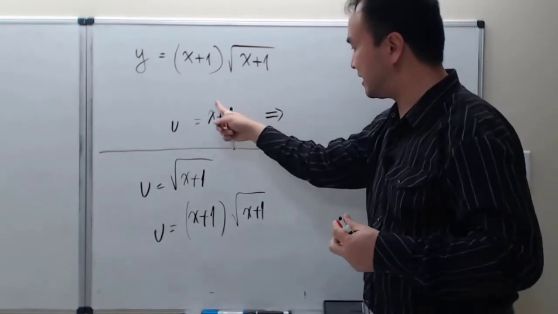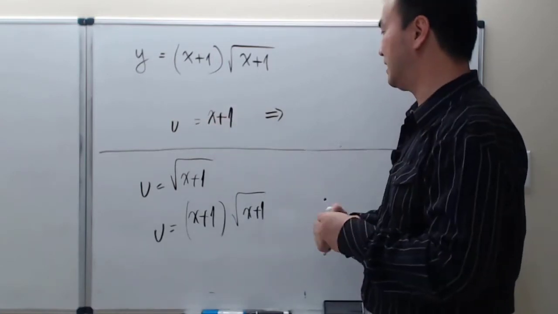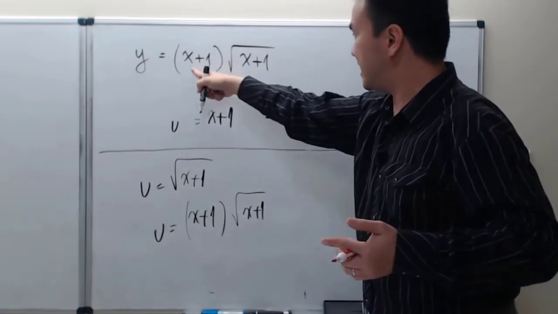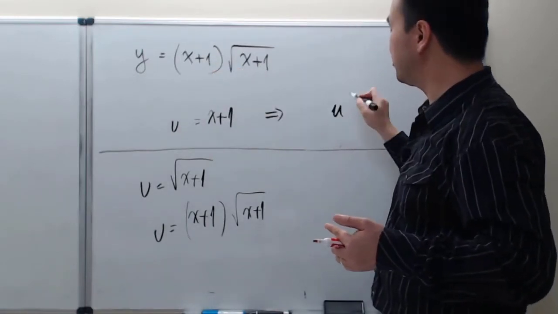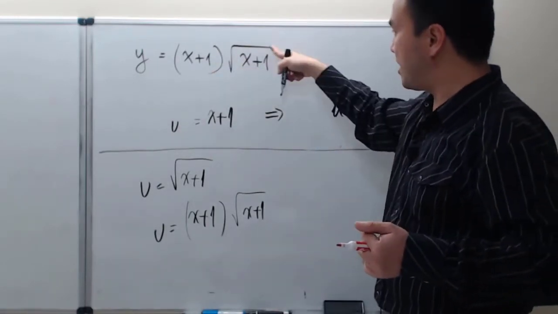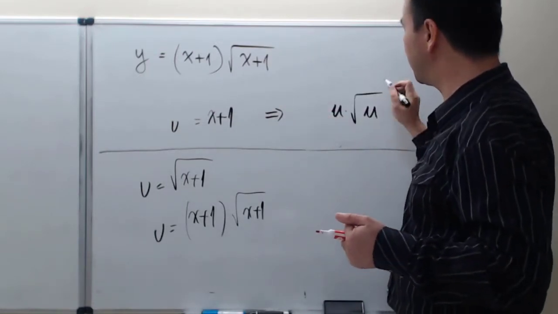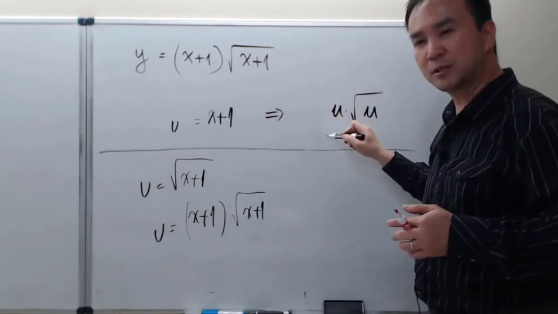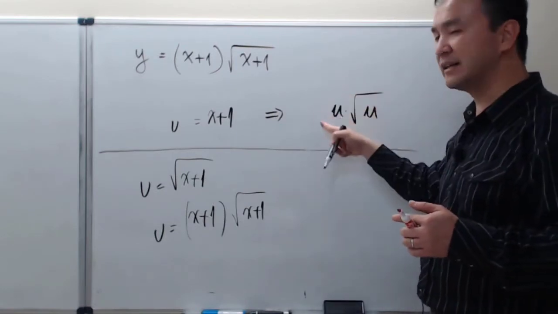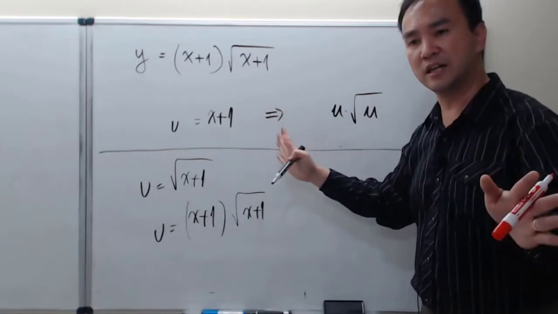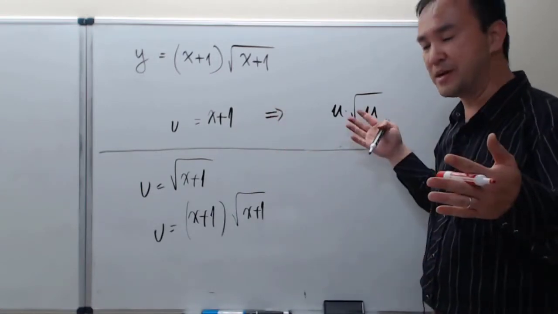If we are substituting away the x plus 1, then our entire expression becomes what? This x plus 1 is substituted by u. The square root of x plus 1 is substituted by the square root of u. Now this final expression is entirely in terms of the new variable u only, with no additional x variable involved.